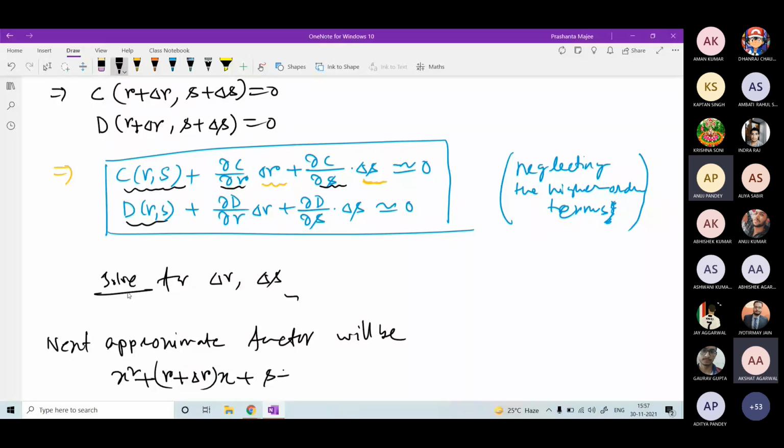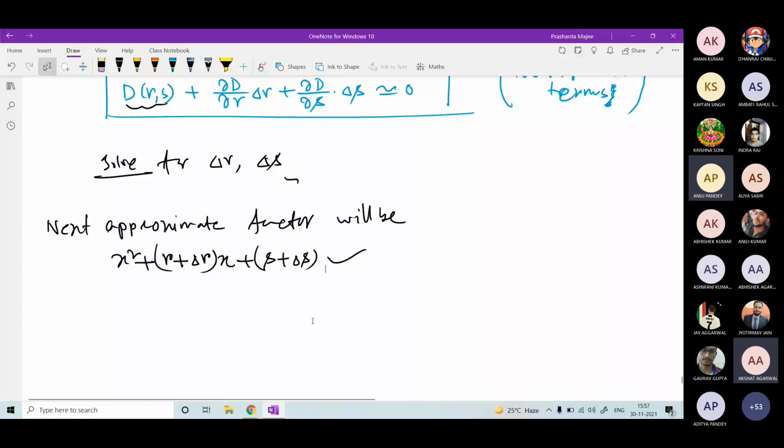So that will be your next approximate factor. After the first iteration, again you will use the same procedure to get the next approximate factor, and you will keep on doing it until you see no changes in two consecutive iterations. So this is how you get the quadratic factor. And repeat the process until you get the solution with desired accuracy.